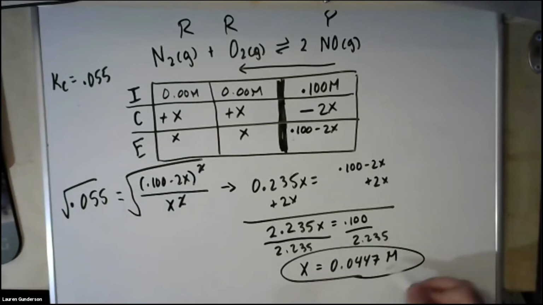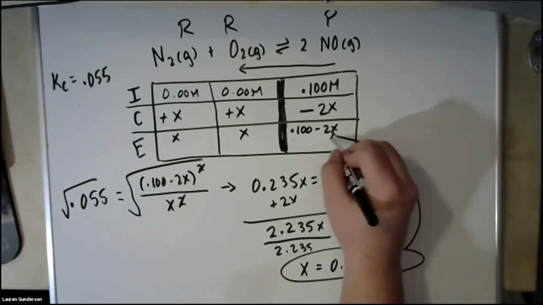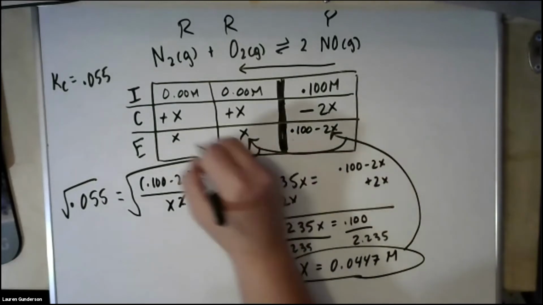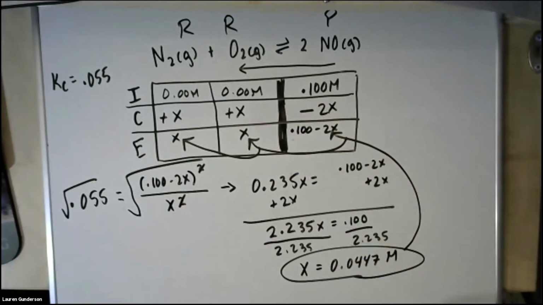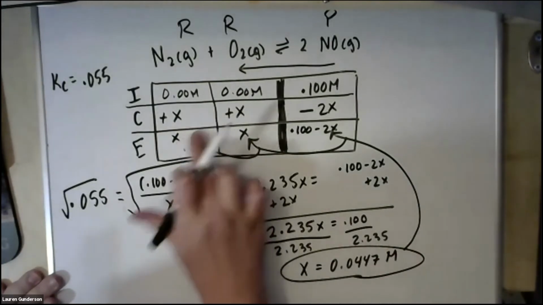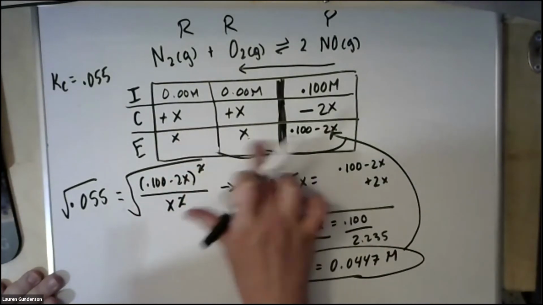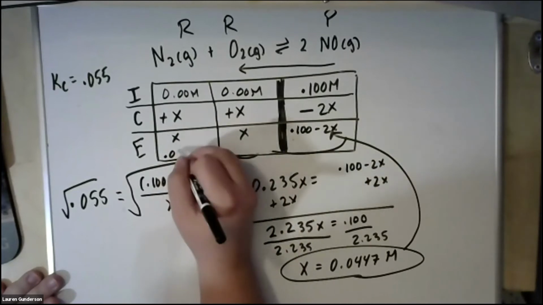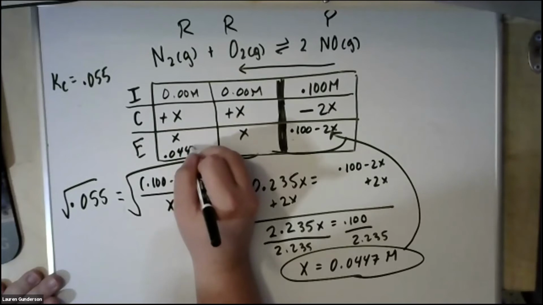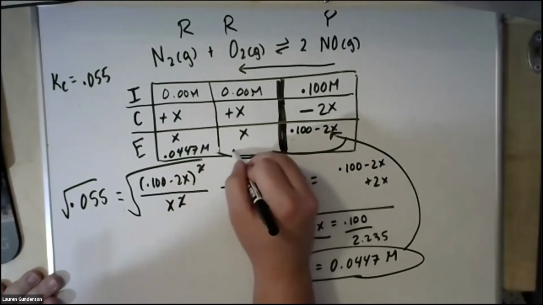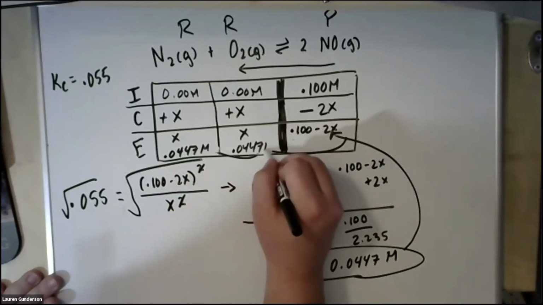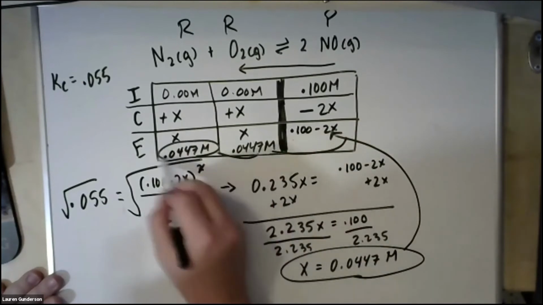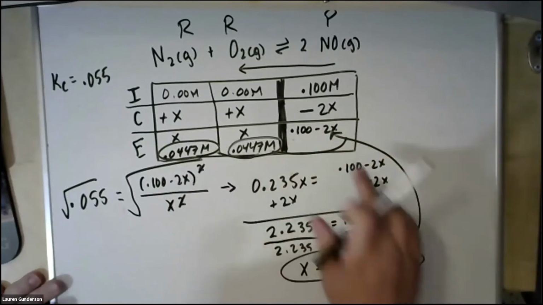Now we're going to substitute this value in everywhere it says x. All right, and that's going to give us our equilibrium concentrations. Okay, so it's pretty easy for us for the nitrogen and the oxygen because we just have to rewrite the value. Okay, and these will be our equilibrium concentrations for nitrogen and oxygen.